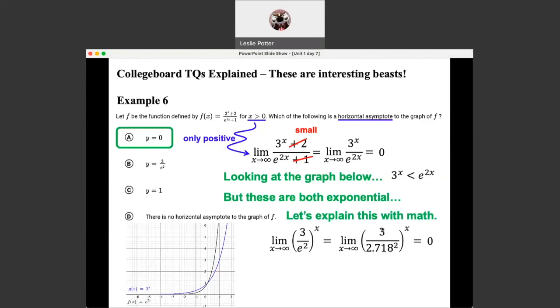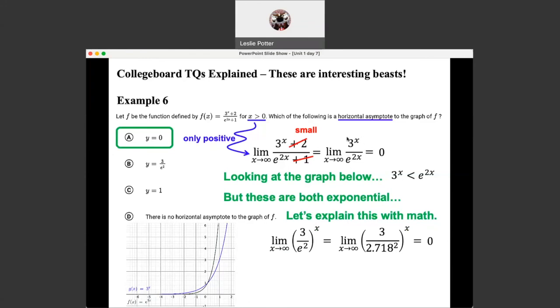So this is a ratio that's smaller than 1. And we know that when we have like a half to the x power, that ends up going to 0. So that's one way of looking at it more mathematically, so that maybe you don't have to get too familiar with exponentials and which exponential goes faster than the other.